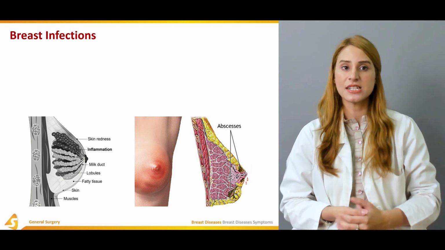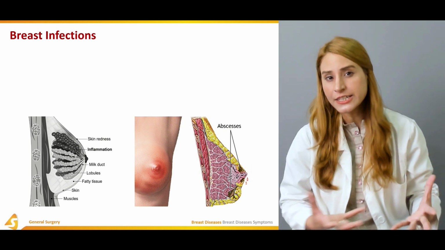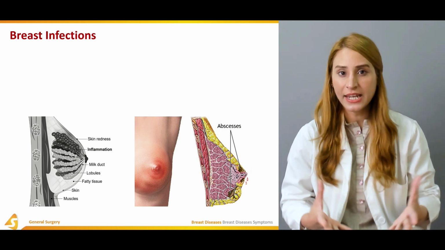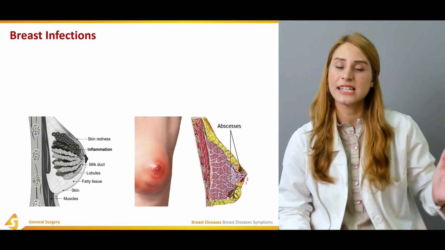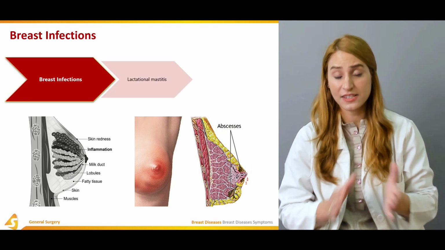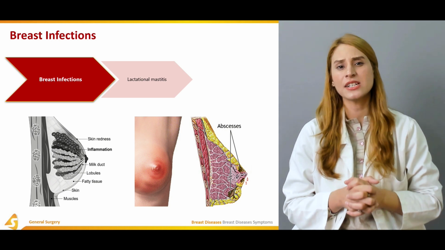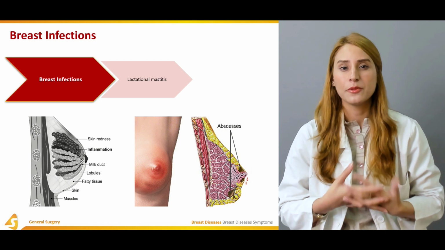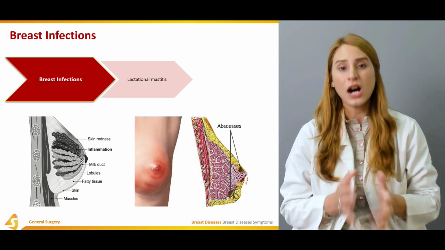And there's another presentation. A patient may present with a hard lump and fever and breast tenderness, pain, and all these things. That will indicate a breast infection, and it can be simple lactational mastitis. It's very, very common, especially in women who are breastfeeding, right? Why does it happen?